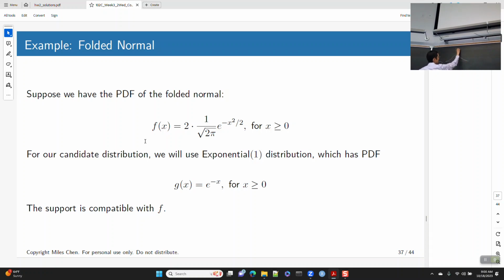This is going to be our f of x, and then we're going to propose from g of x, and our g of x will be the exponential distribution. It looks kind of like this.